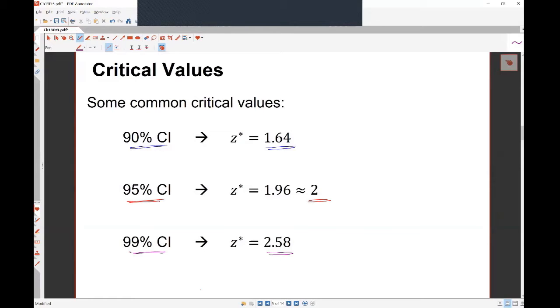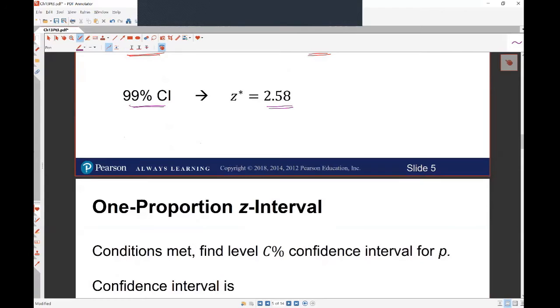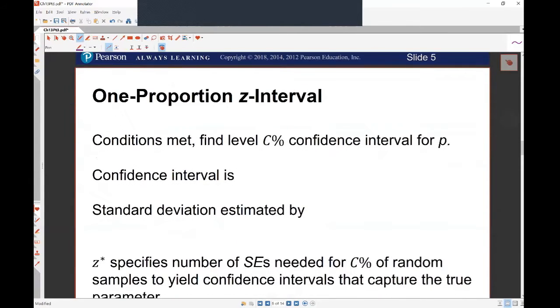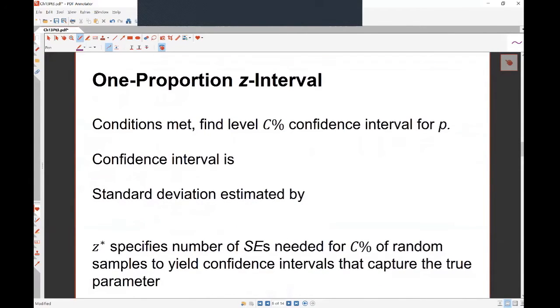So you find a critical value, and then there is a formula for the confidence interval. The general confidence interval formula is p hat plus or minus Z star multiplied by the standard error. The standard error is an estimate of the standard deviation, right?